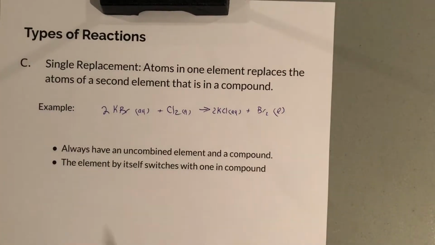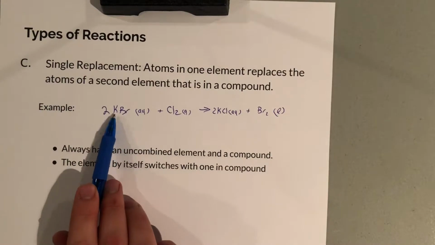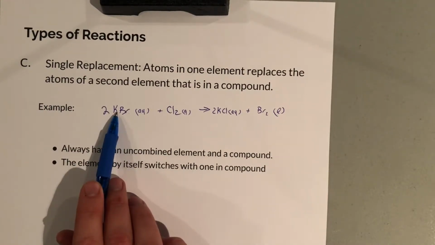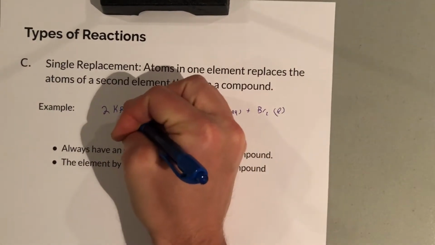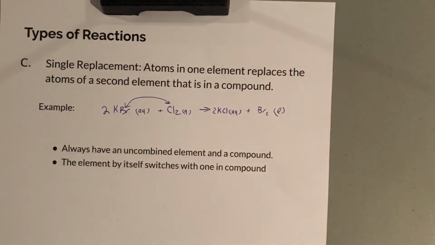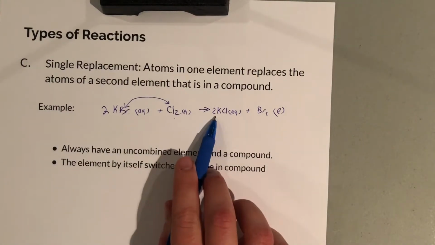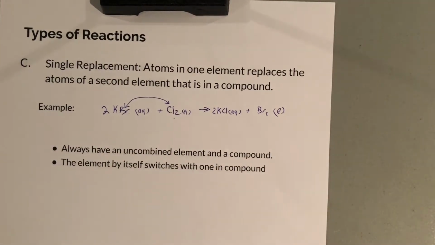So what happened is bromine was joined together with potassium. Chlorine was by itself. What happened was chlorine came in and took bromine's spot. So they switched places. At the end, chlorine ends up with potassium and bromine is by itself. And that's always what you're going to see in a single replacement reaction.